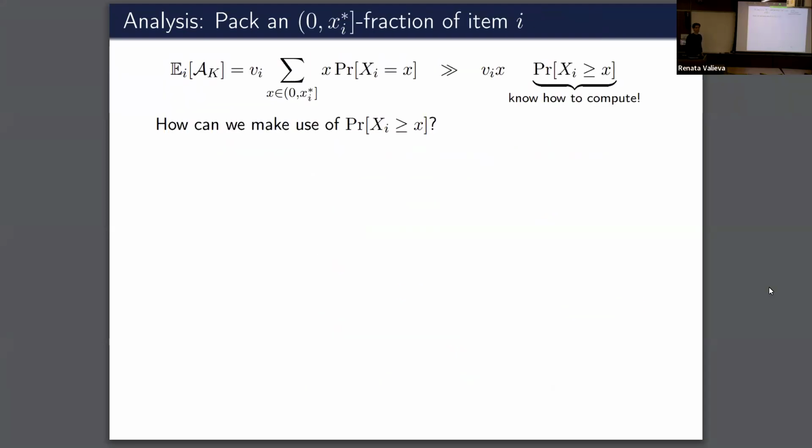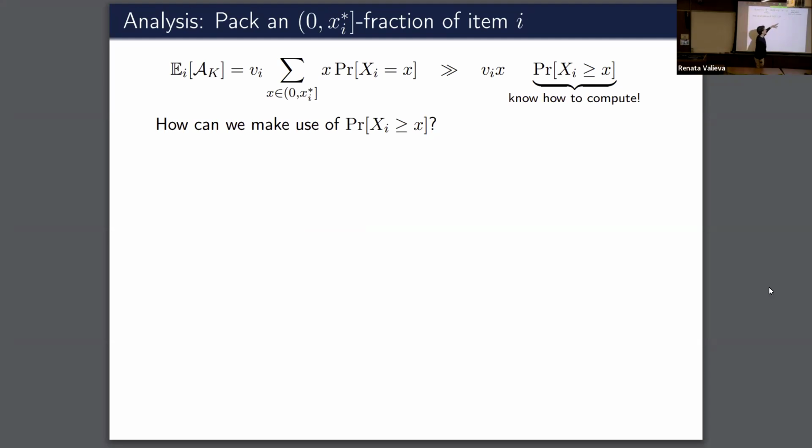Why is this still not enough? Now we know how to compute this probability. So xi is a random variable denoting the quantity, the fraction of item I that we put into the knapsack.